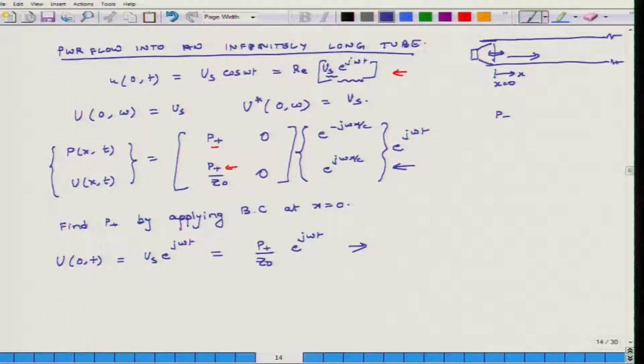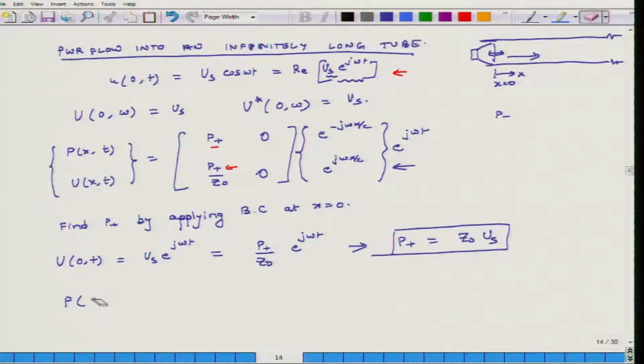So, from here I get P plus equals z naught u_s.